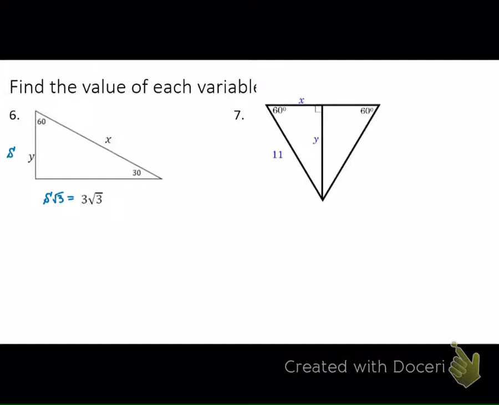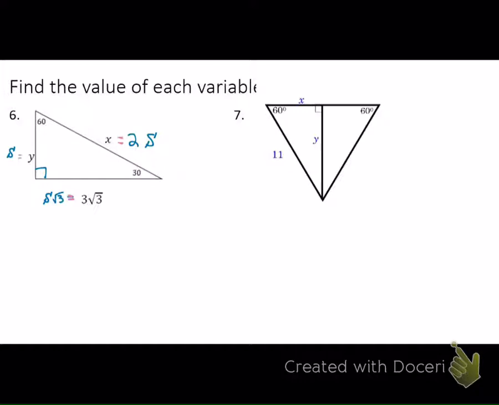Austin, opposite the 90. I know it's not labeled, but this is forced to be 90. So Austin, opposite the 90 is? Two things are the same. We can set them equal. So, do we solve for the one opposite the 30, the 60, or the 90 in this case? Opposite the 60.